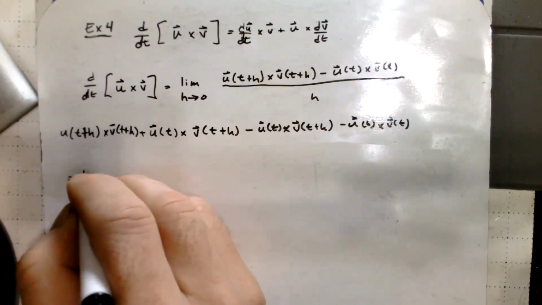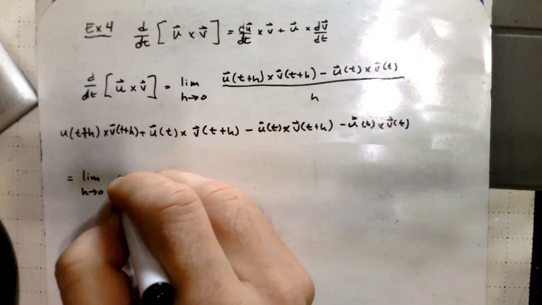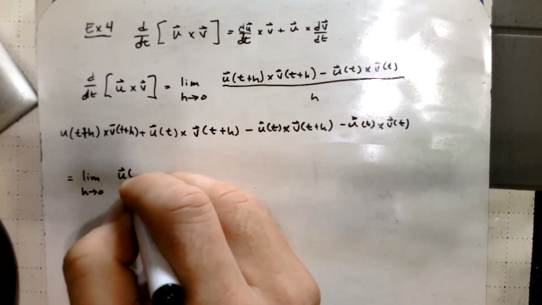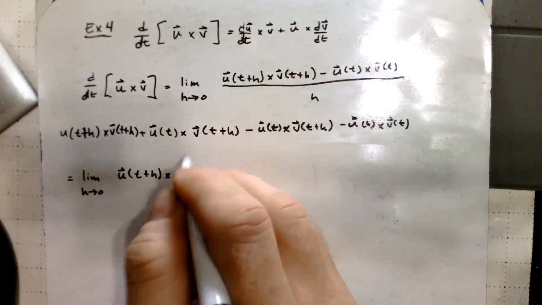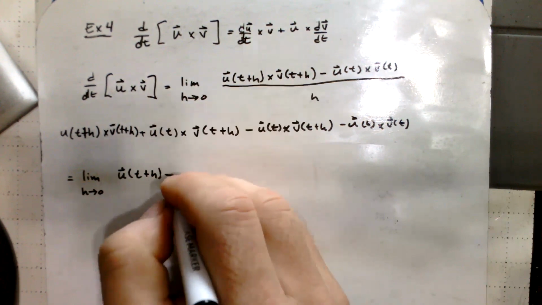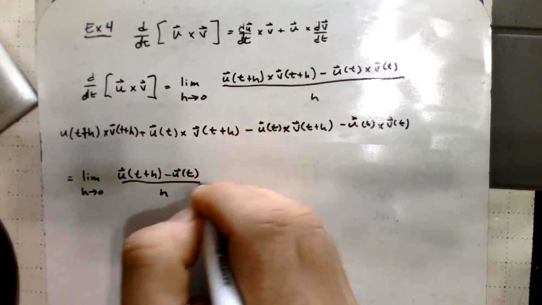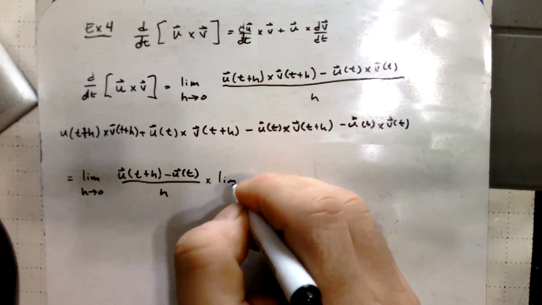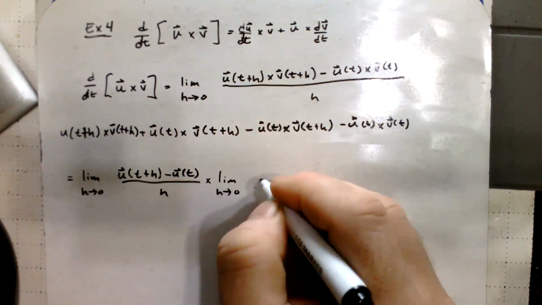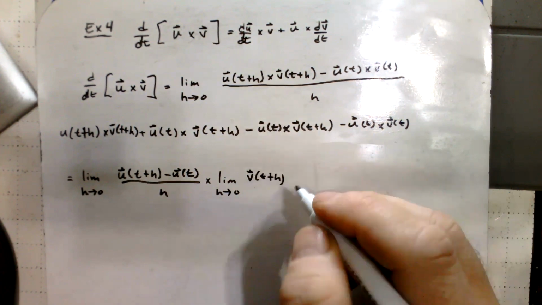So the limit as h goes to 0 of u of t plus h minus u of t over h, that's being crossed with the limit as h goes to 0 of v of t plus h.